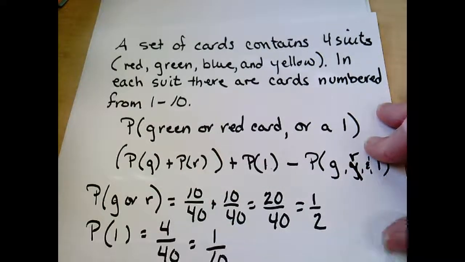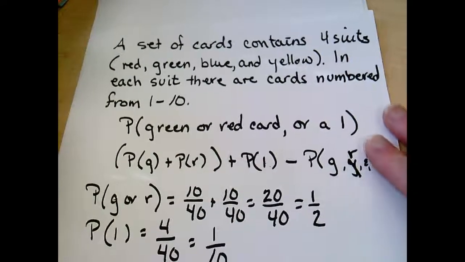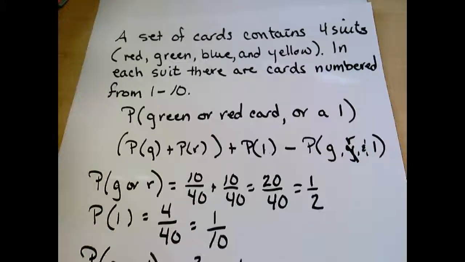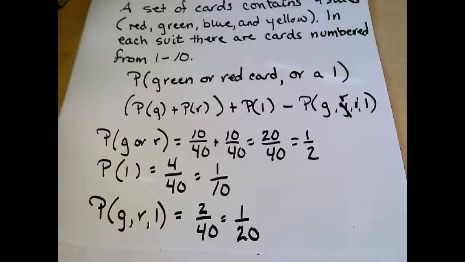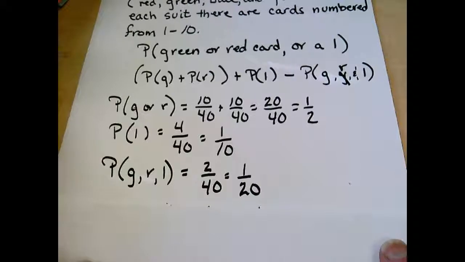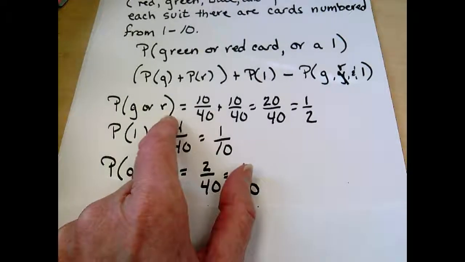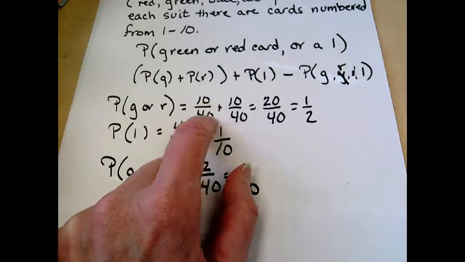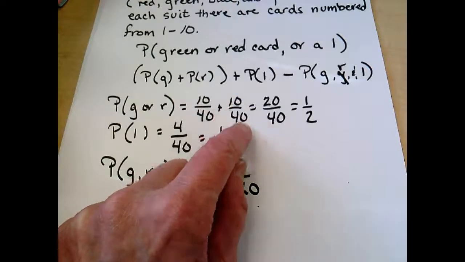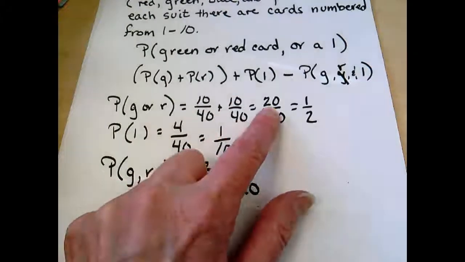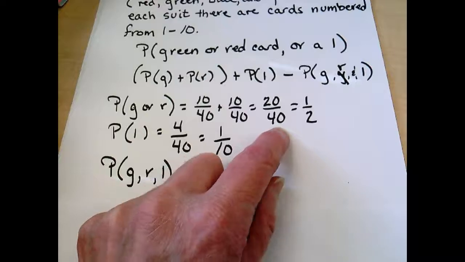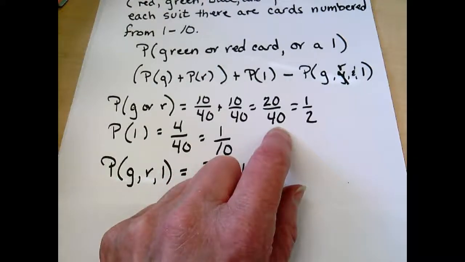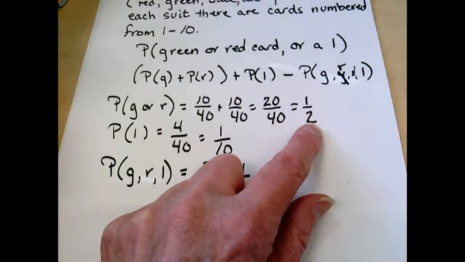So when we're going through that, what I always do is do each event separately. So we have the probability of the green or red, which was 10 out of 40 for the green, 10 out of 40 for the red, so that makes 20 out of 40. We can leave it at that, or we can simplify down to the 1/2.